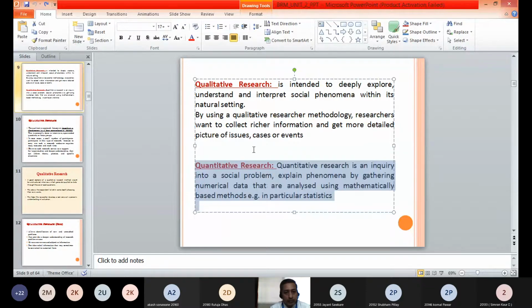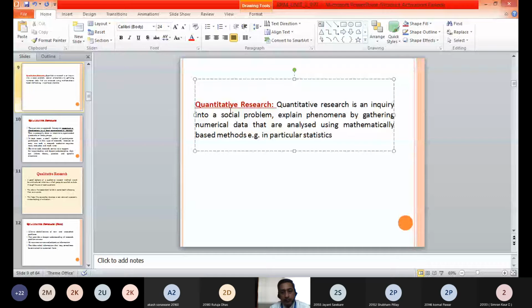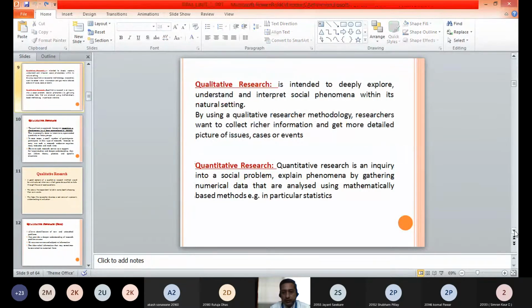Then quantitative research is an inquiry into a social problem to explain the phenomena by gathering numerical data. Here the numerical data will be collected and analyzed using different statistical techniques. That much we discussed yesterday.